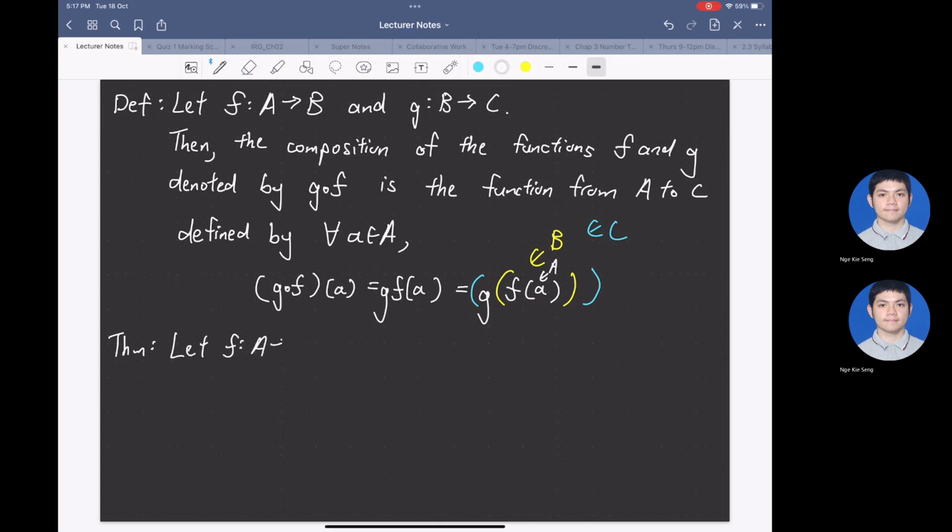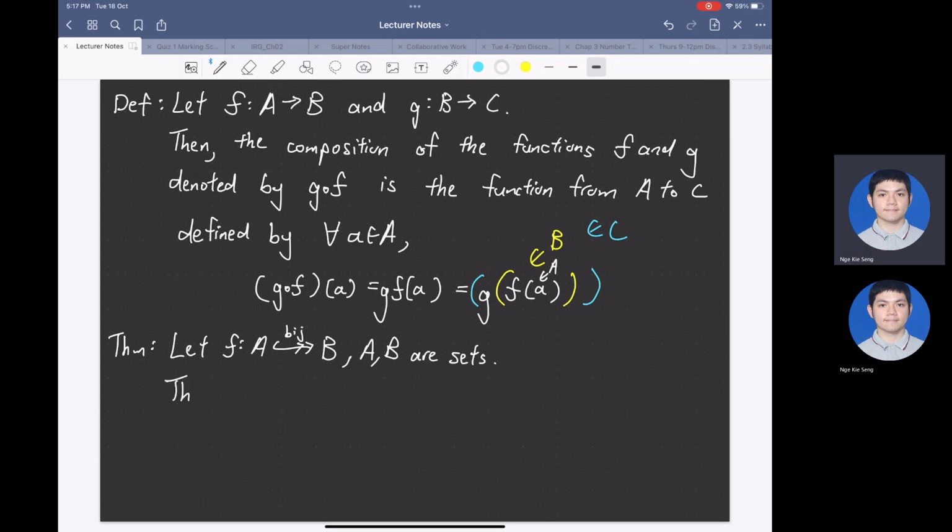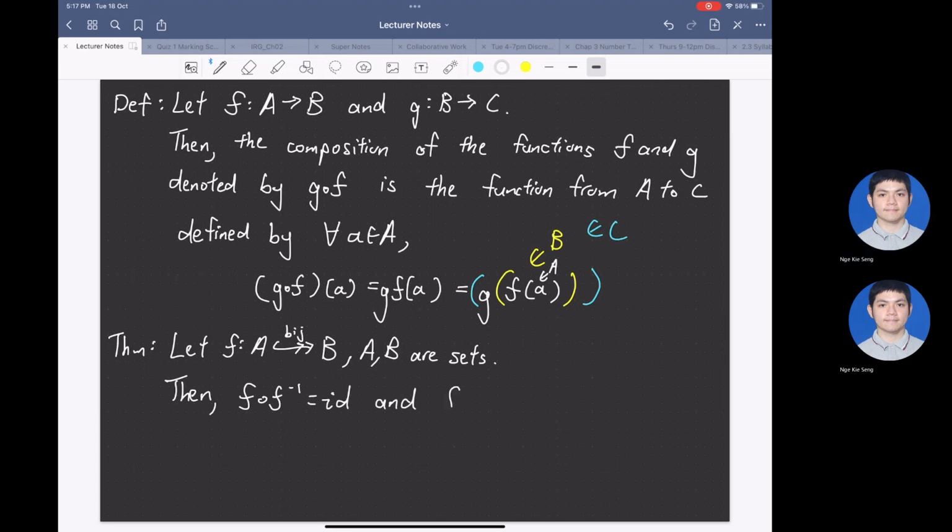The bijection from A to B, with a projection and an inverse. Then if you compose one way, it will be the identity, and if you compose the other way, it is also the identity.